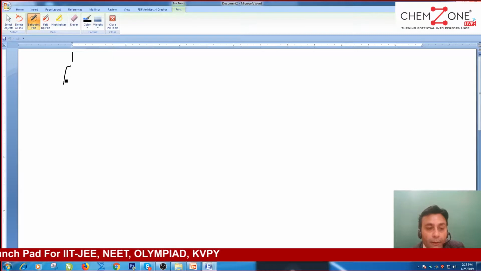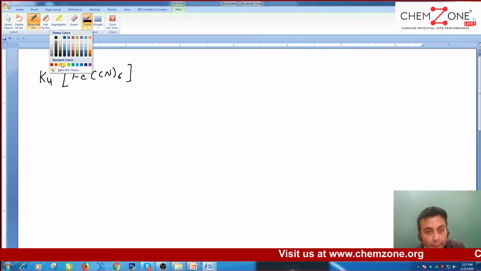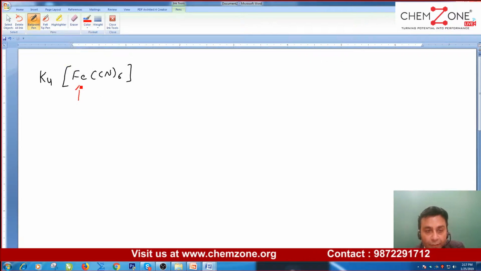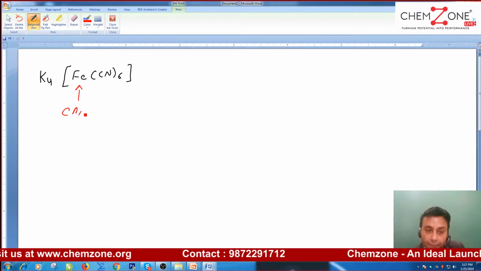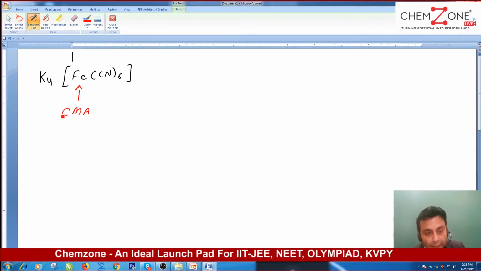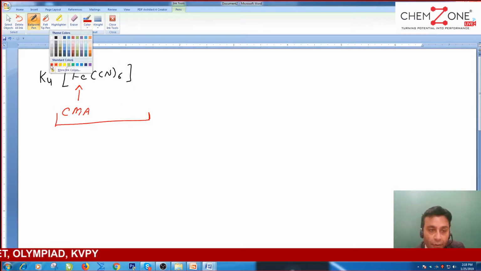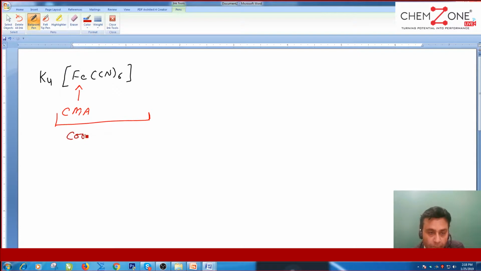Now, in this complex, this is called the central metal atom. And the one that is shown in this square bracket is called the coordination sphere.